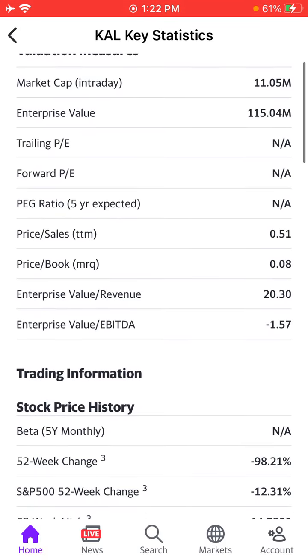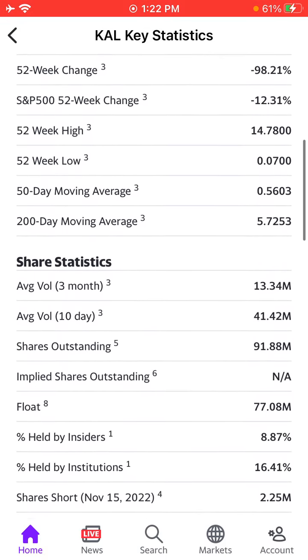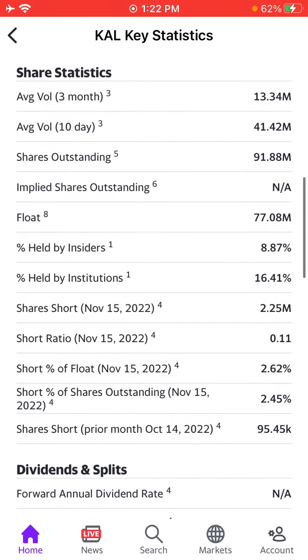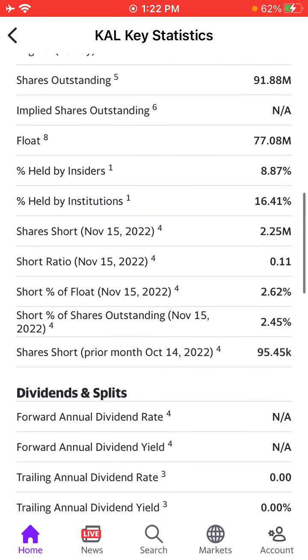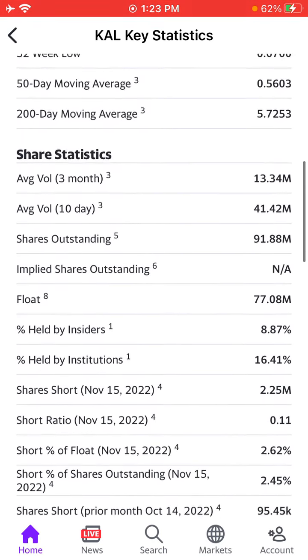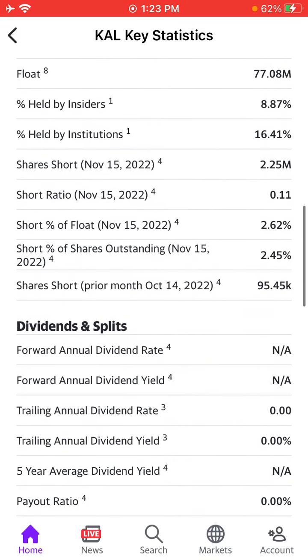And then over here, if we go to the share statistics, according to this, it's showing that the shares outstanding is 91 million, and then the float is 77 million. And so in this case, the float is not a low float stock. It's much greater than 10 million.